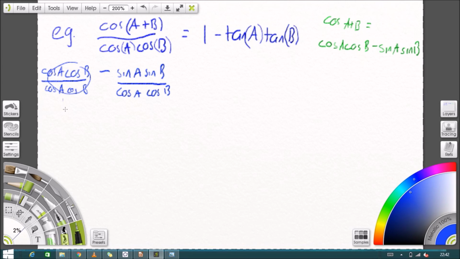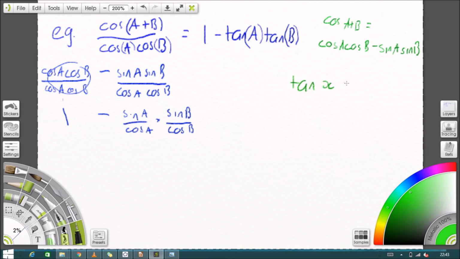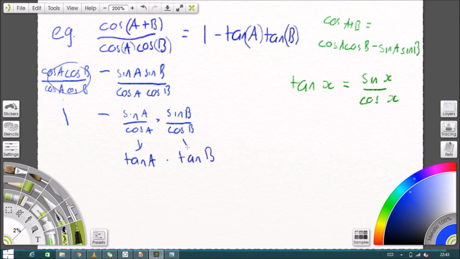So this here, cos A times cos B over cos A cos B is just 1, minus sin A over cosine A times sin B over cosine B. Well, because we've seen previously that tan is equal to sine over cos, proved that in a previous lesson, we know that sin A over cos A is equal to tan A, and sin B over cos B is equal to tan B. I'll just bring that one minus down, and there we have it. That there is the right hand side. So using our compound angle formula and the rule about tan, we've proved it.